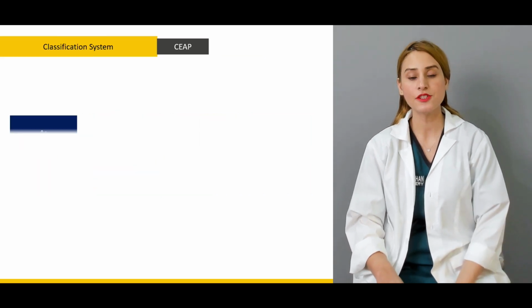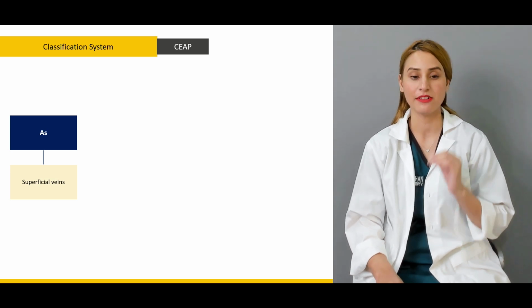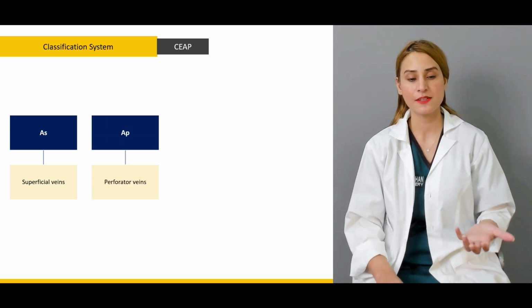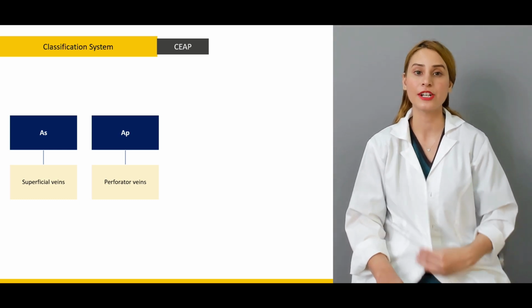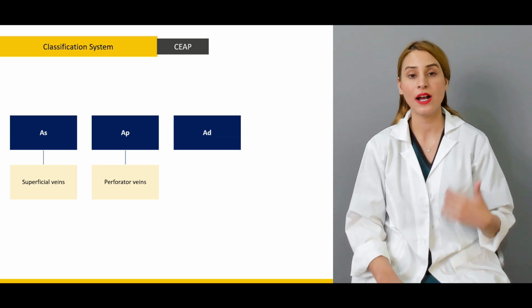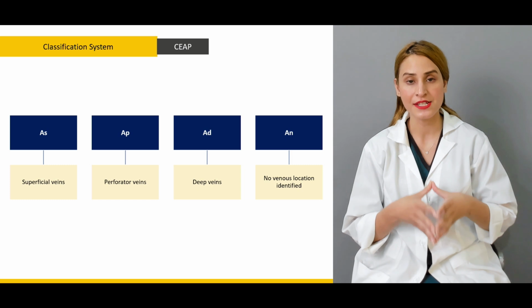If we talk about the A part of the CEAP classification, this is AS, which is for the superficial veins, AP for the perforators, AD for the deep veins, and AN for no venous location.